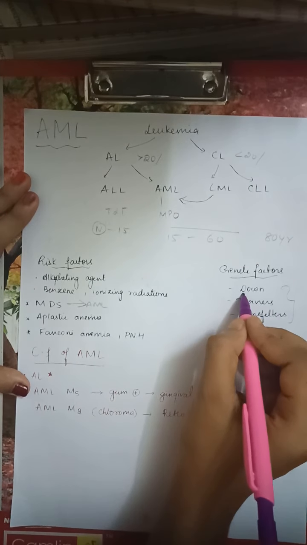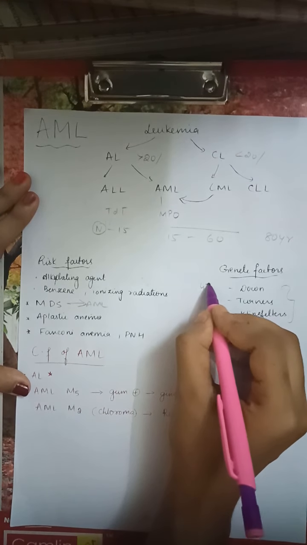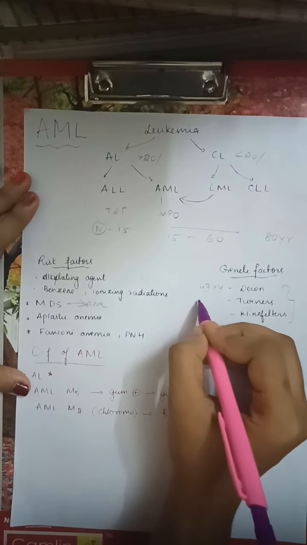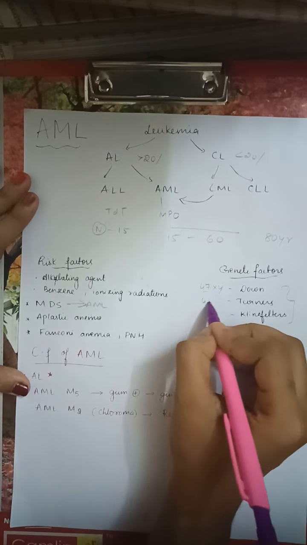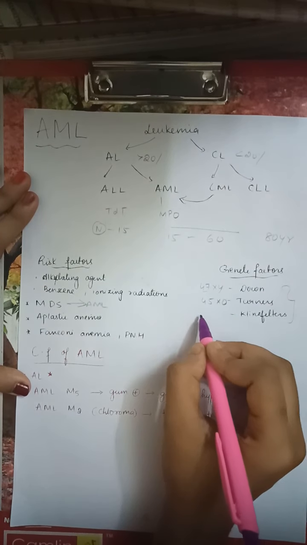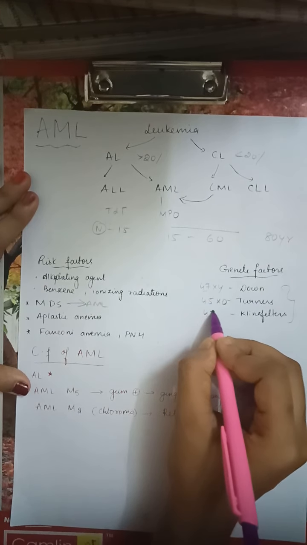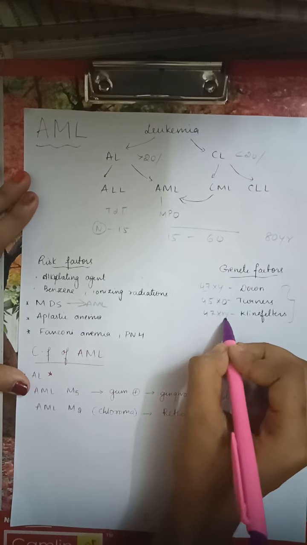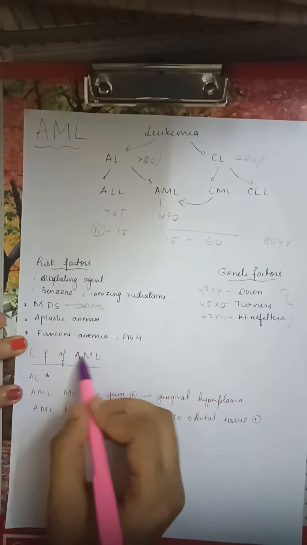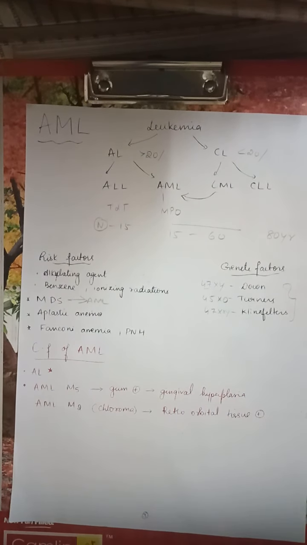Down syndrome is trisomy 21, 47XY with an increase. Turner's is 45X0, and Klinefelter's is 47XXY.